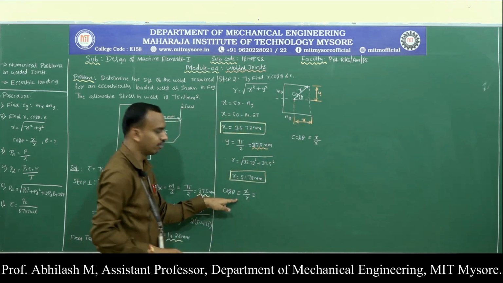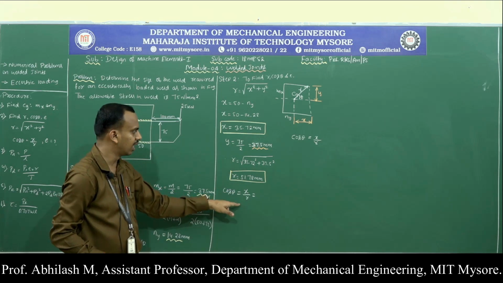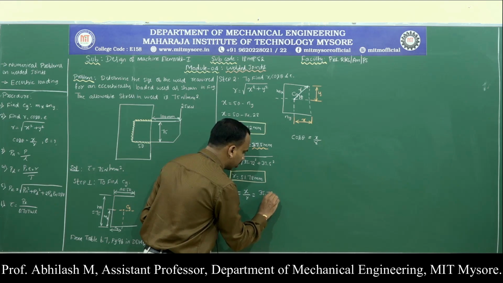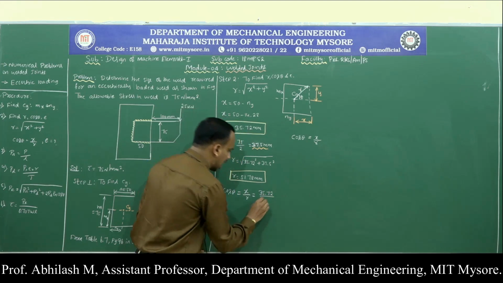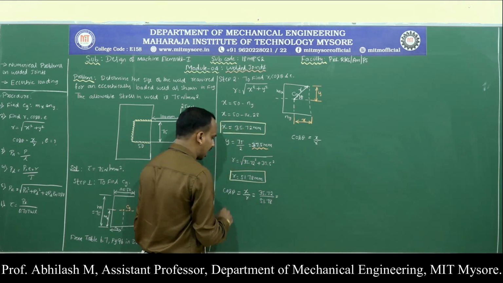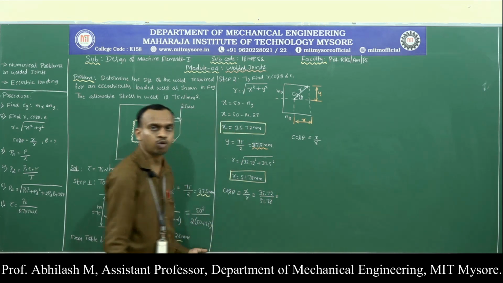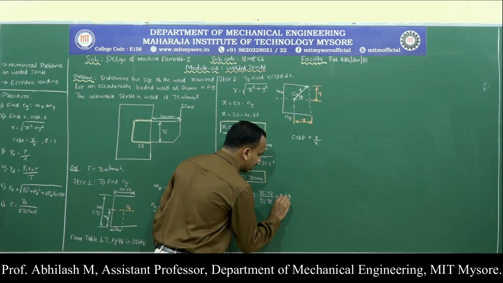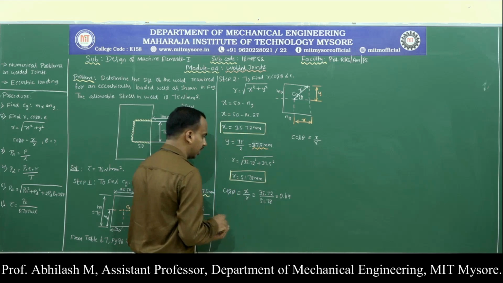Do I know x? x I know, 35.72 millimeter, divided by r, that is 51.78. So if I do the calculation, I am going to obtain the value of cos theta, which is 0.69.